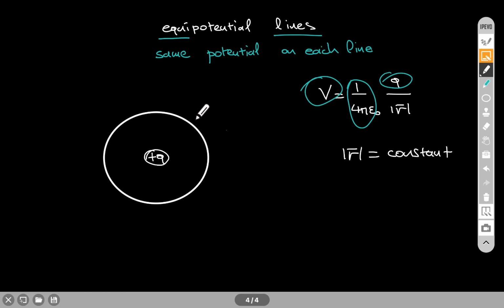A circle is defined as having a constant radius, right? That's why, if I keep a constant distance from the center, then I have one equipotential line. So this is an equipotential line.